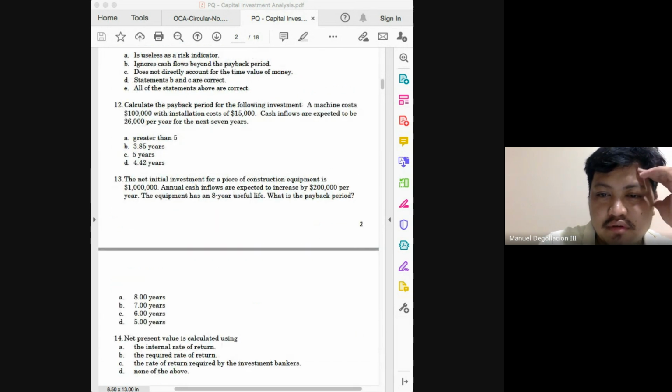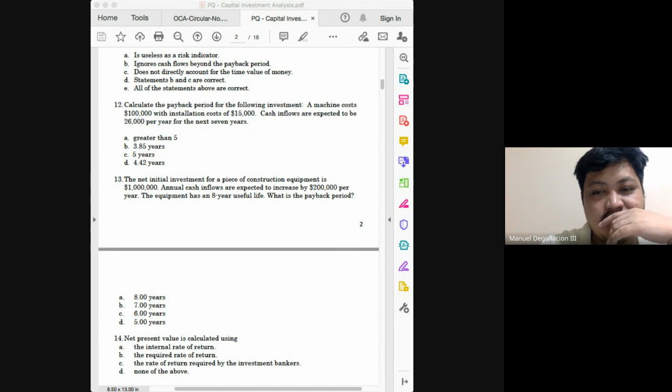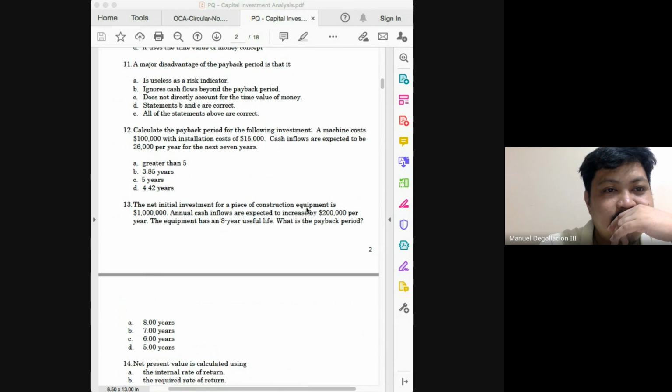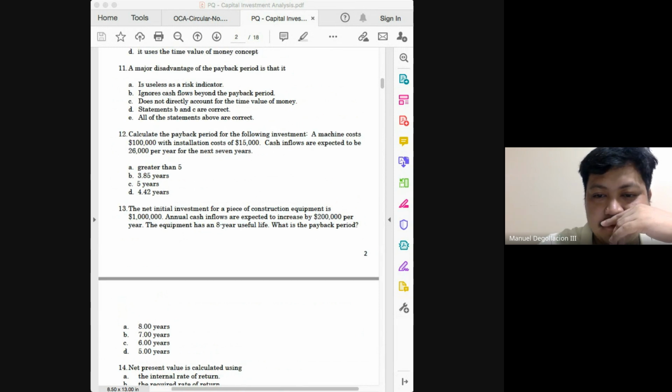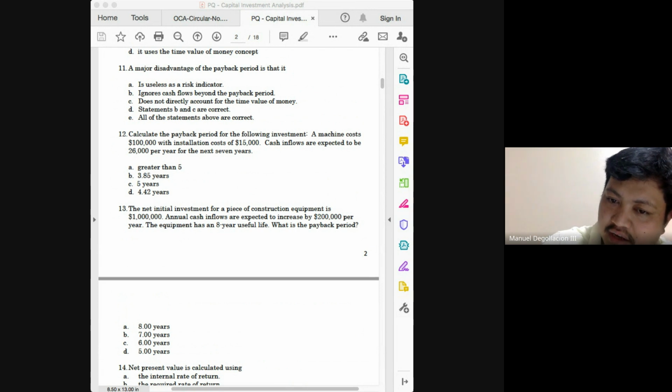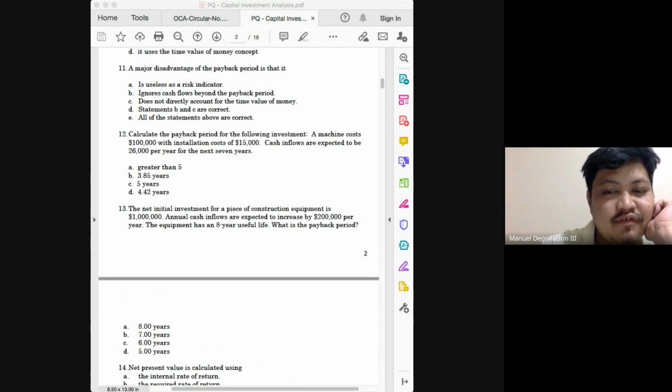Number 12, sorry, 11, a major disadvantage of the payback period is that the answer here would be letter D, statements B and C. Okay, again, it ignores the cash flows beyond the payback period and does not directly account for the time value of money.